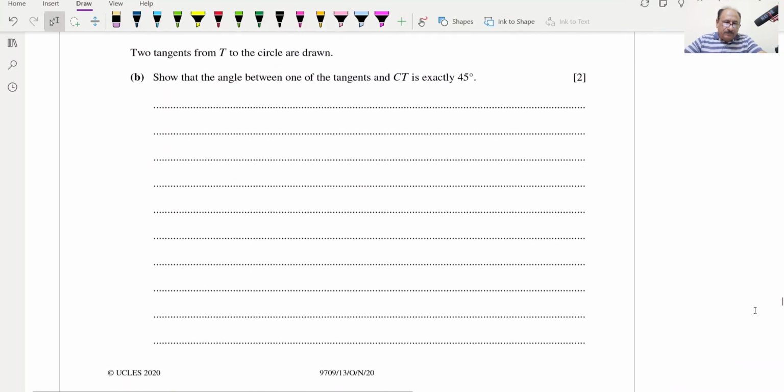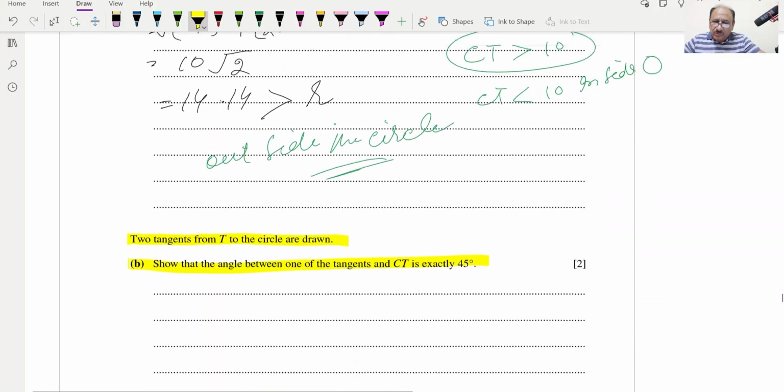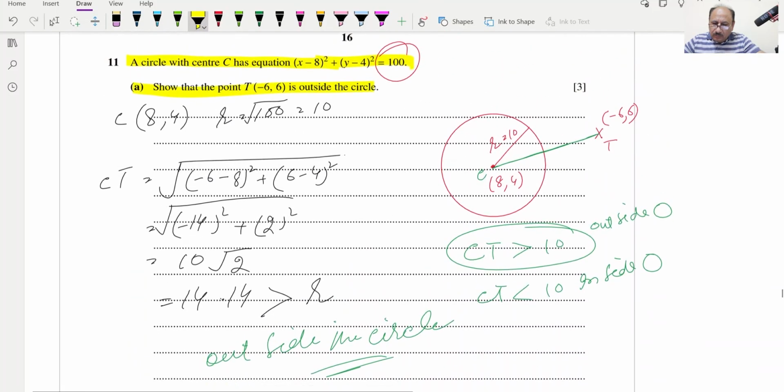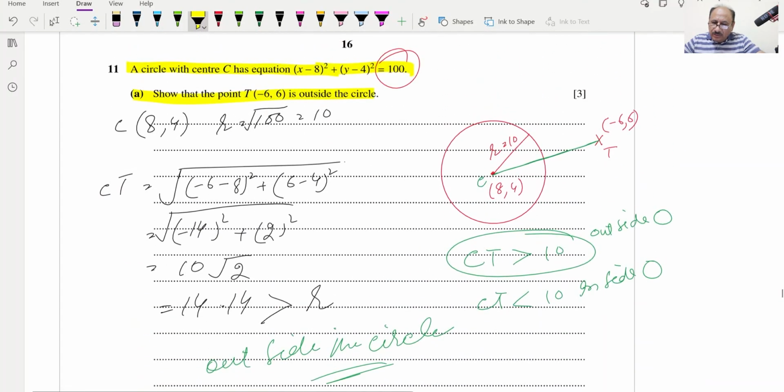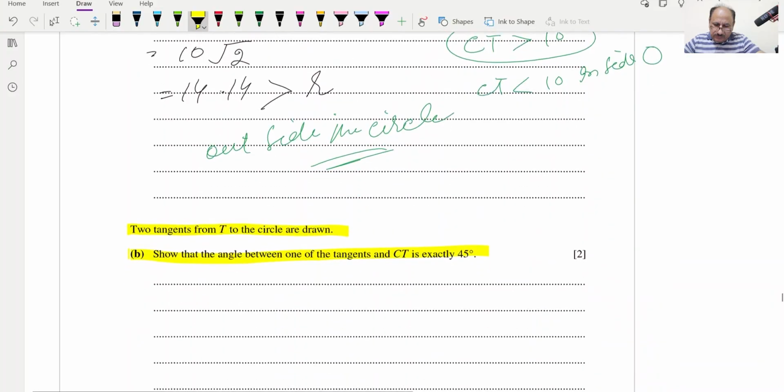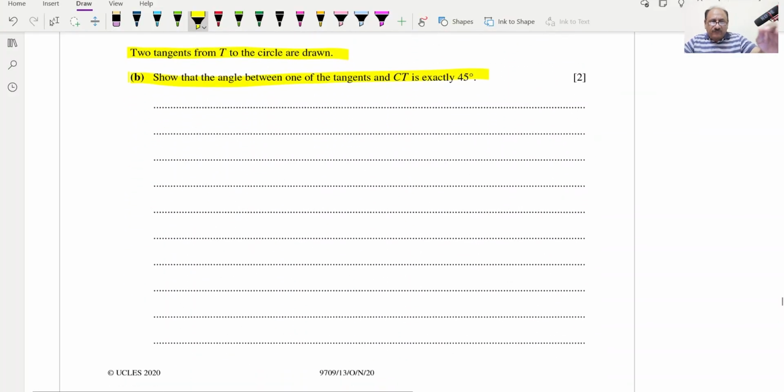Now B part, it says that two tangents from T to the circle are drawn, show that the angle between one of the tangents and CT is exactly 45 degrees. Two tangents are drawn, so show that the angle between one tangent and CT is exactly 45.